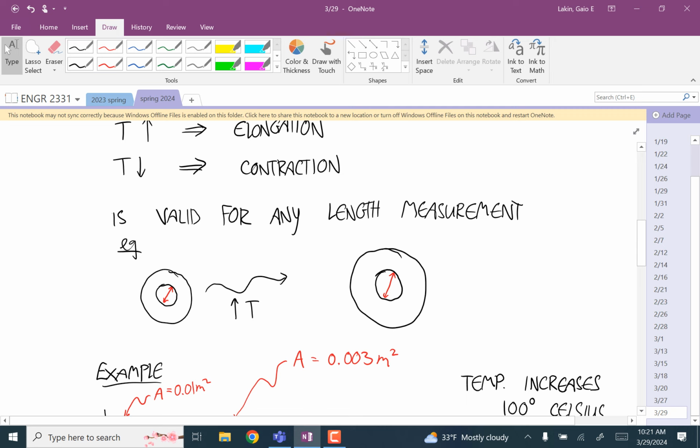If you start getting into big deformations, what matters isn't the starting length, it's the current length, and it makes things very complicated. But since everything we're doing is small deformations, we can use original lengths for all that stuff.